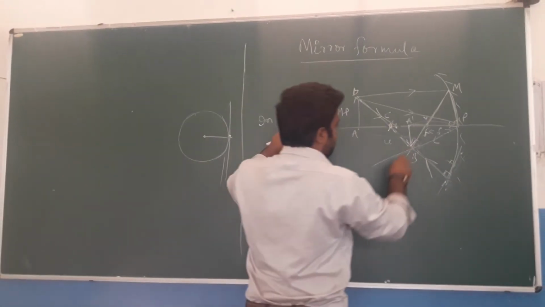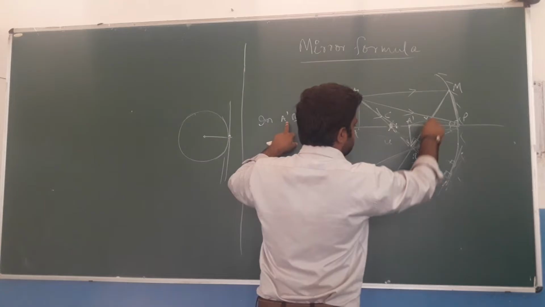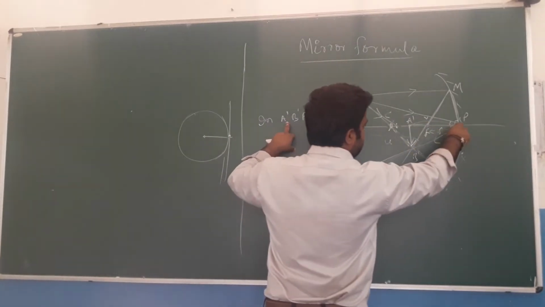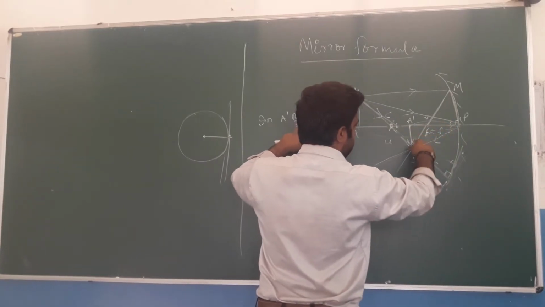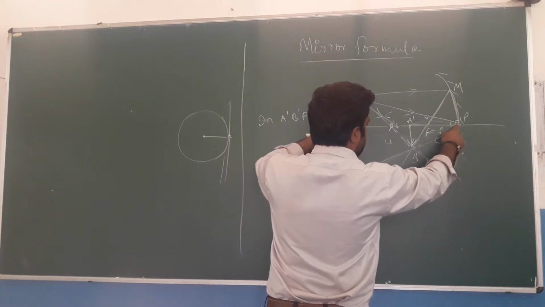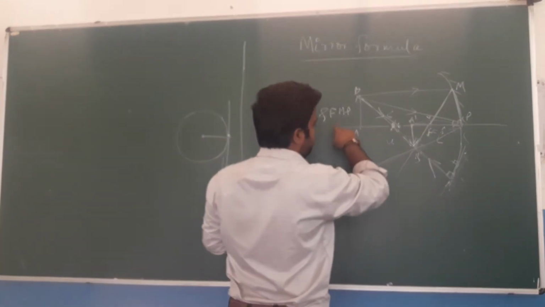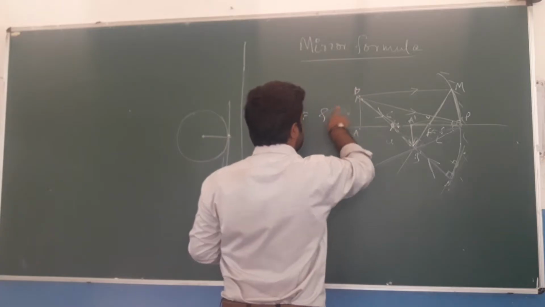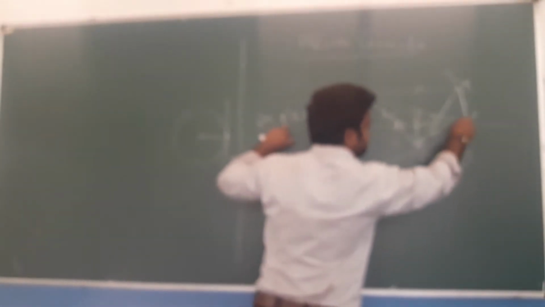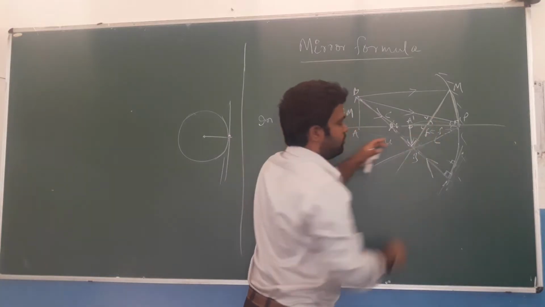So in triangle FMP and triangle A'B'F, in these two triangles, this angle is 90 degrees, this angle is 90 degrees, and these two angles are opposite.